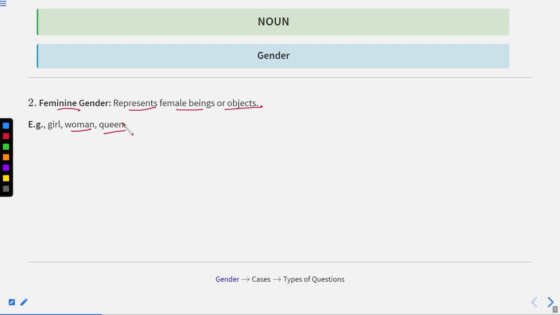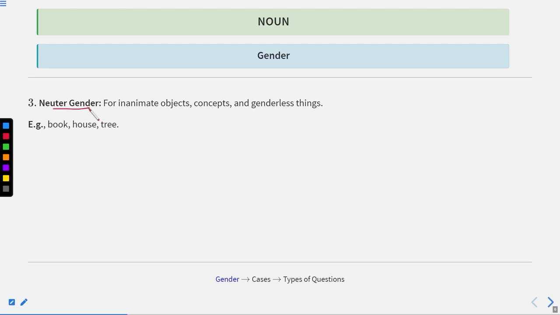Now, why have I taken the word objects over here? Obviously, we can represent persons or people in the classification of masculine or feminine. But how can objects be masculine or feminine? That we will be discussing later on.